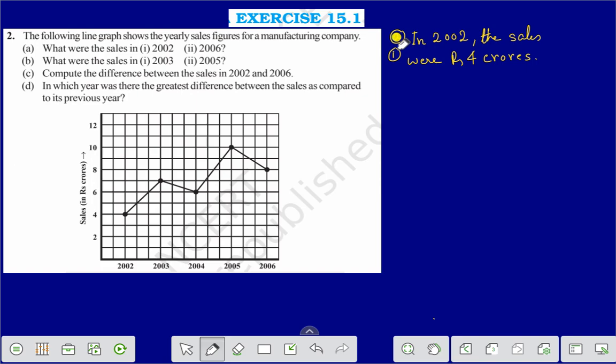Question number B is in 2006. In 2006 the sales were, 2006 means this one. Here you see this is 8 crores, right?